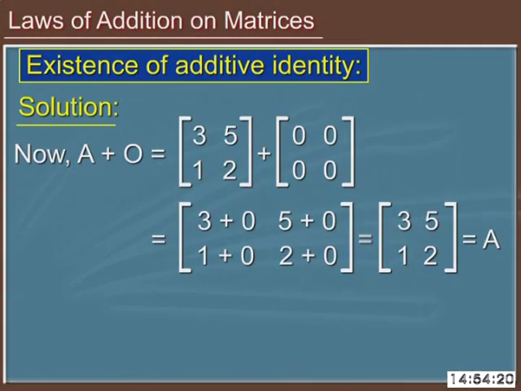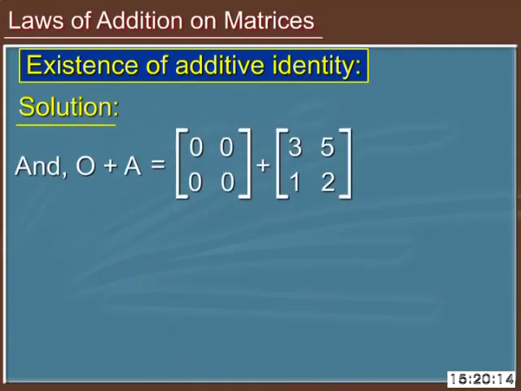That is equal to a matrix with first row elements as 3 plus 0, 5 plus 0, second row elements as 1 plus 0 and 2 plus 0, which is equal to a matrix having first row elements as 3 and 5 and second row elements as 1 and 2, which will be equal to matrix A itself.